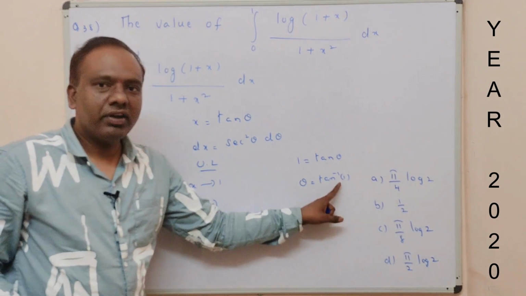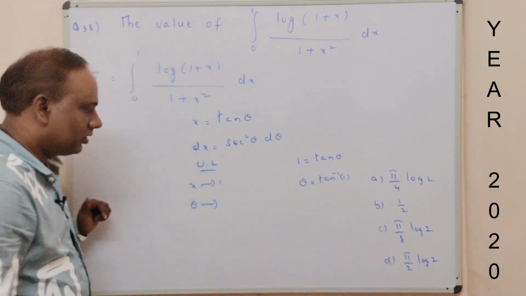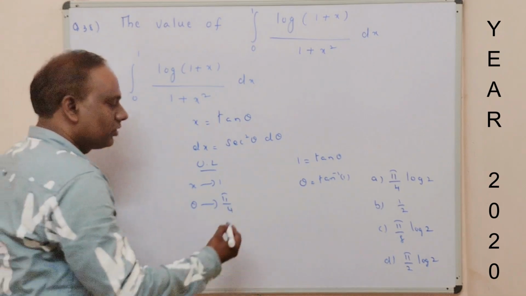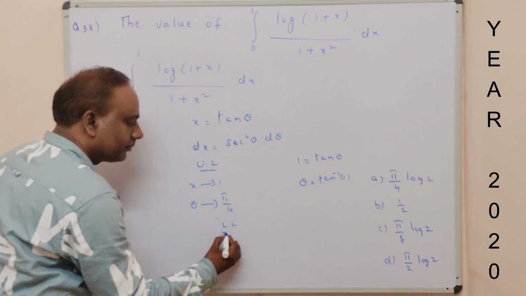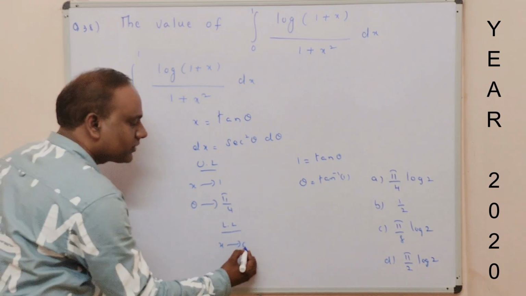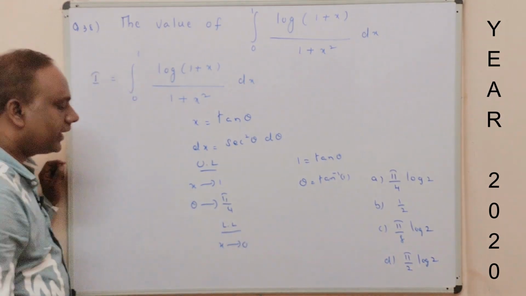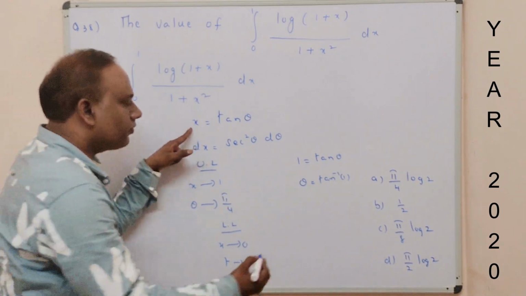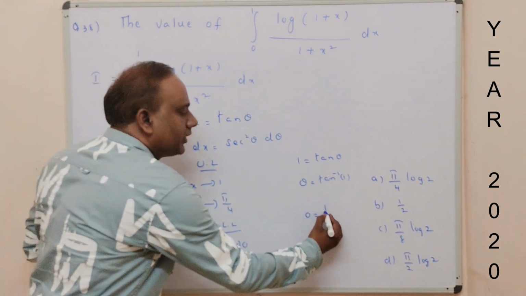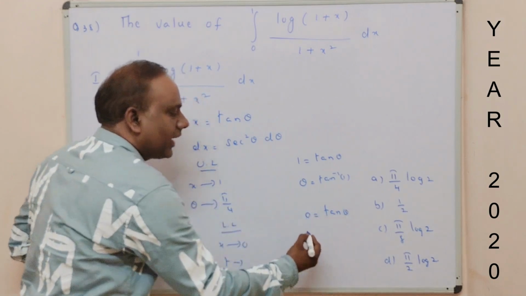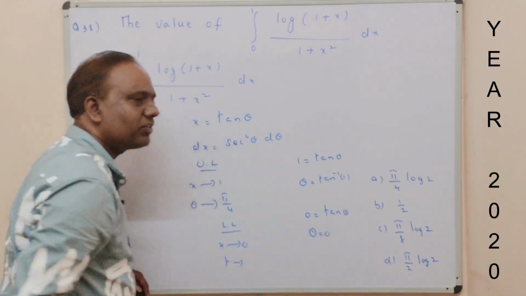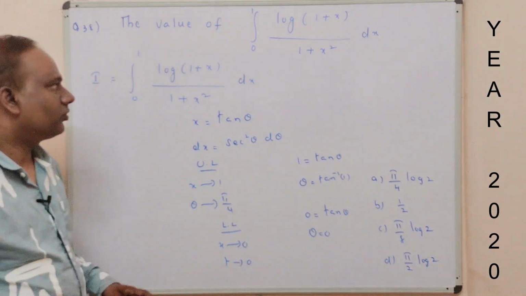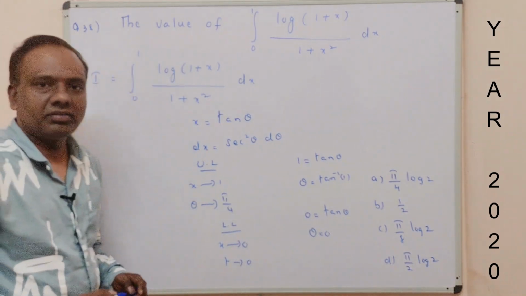Tan inverse of 1 is 45 degrees, that means pi by 4. Next, lower limit: x tends to 0, then in the place of x substitute 0, so tan theta is equal to 0, which means theta is equal to 0 degrees. So theta tends to 0. Now we can substitute here.